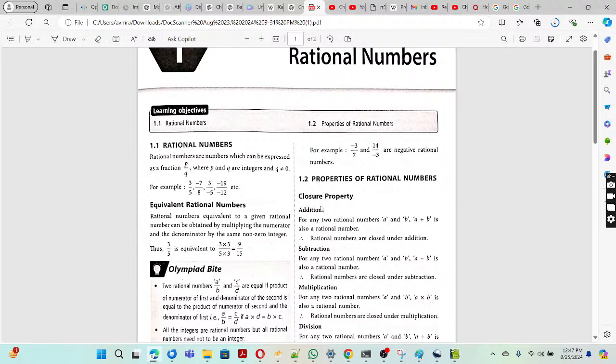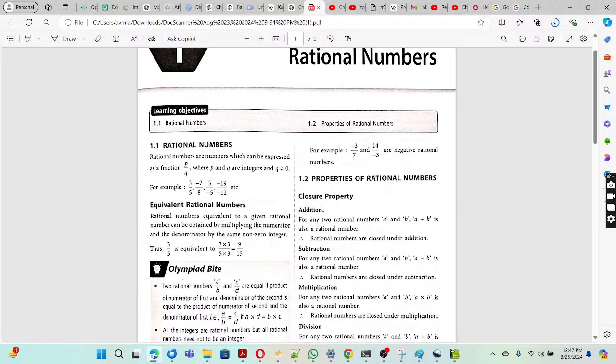So in 3 by 5, 3 is the numerator and 5 is the denominator. When both numerator and denominator are positive, the rational number is positive. If either the numerator or the denominator is negative, then the rational number is negative.